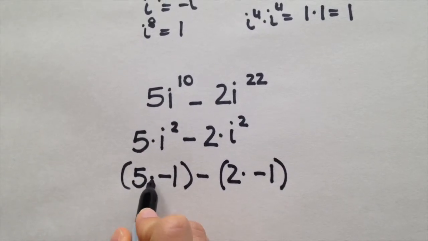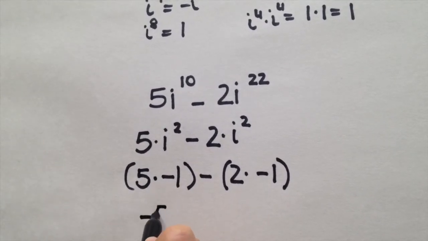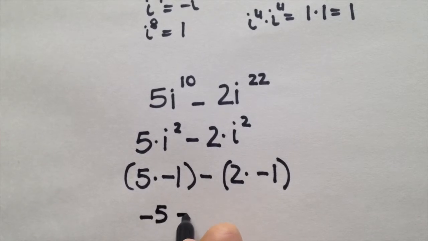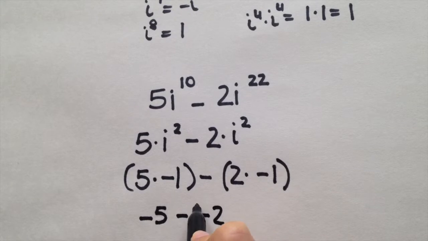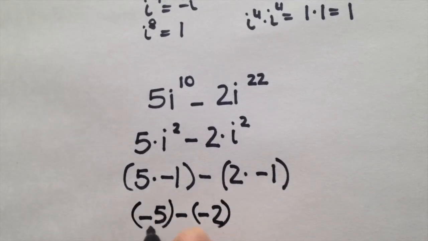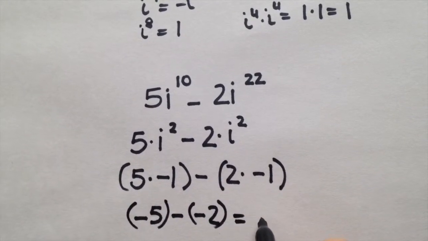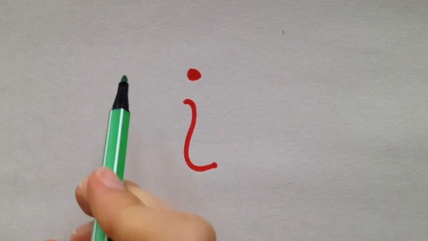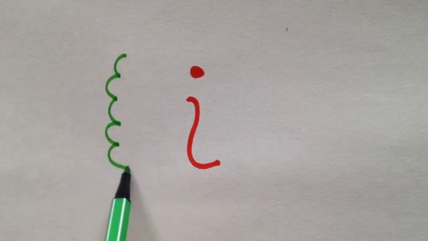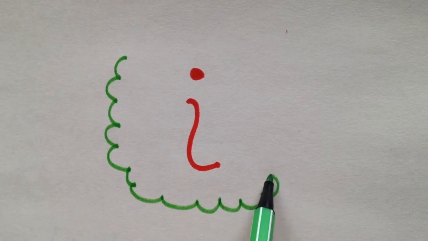So 5 times -1 is equal to -5 minus -2 is equal to -3. As you can see, imaginary numbers are very useful. Without them, we could not solve the unsolvable.